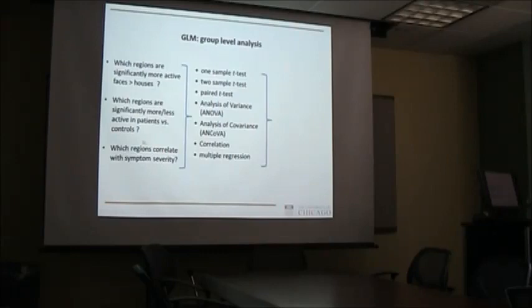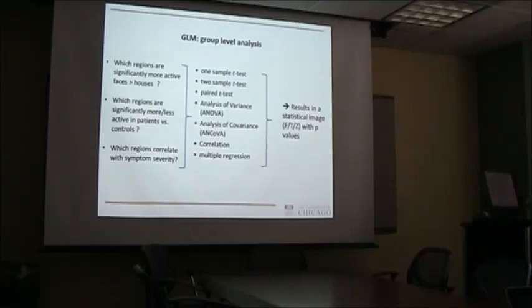And if you want to see which region correlates with symptom severity, for example, or age, or reaction time, then you might want to set up a multiple regression model. So it depends a little bit on your question and how many groups you have, how many factors are in your model, what kind of test you do. But I'm not going to talk about which test to choose in which case too much, because it's actually highly similar to how you would approach your data if it were reaction time, just some behavioral data set.